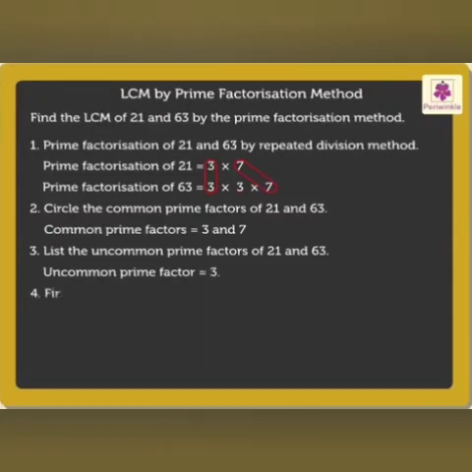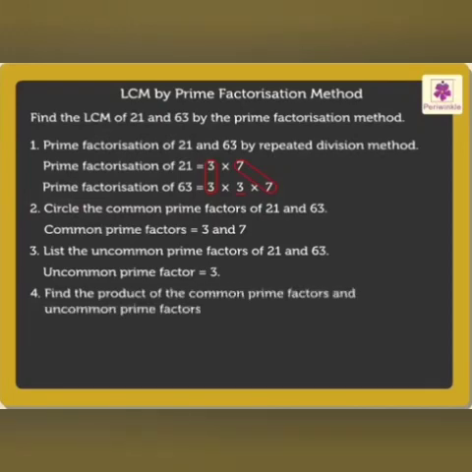Lastly, we find the product of the common prime factors and uncommon prime factors of all the numbers to get LCM. Thus, LCM of 21 and 63 is equal to 3 into 7 into 3 is equal to 63.